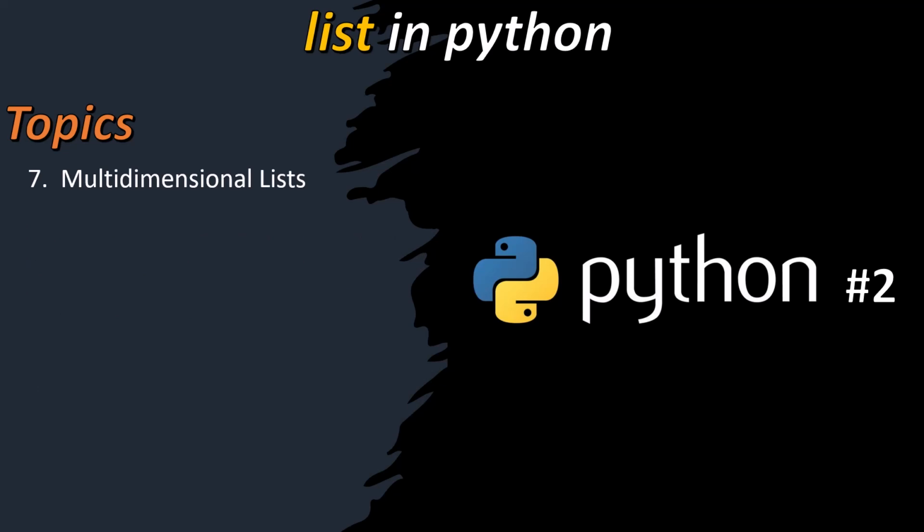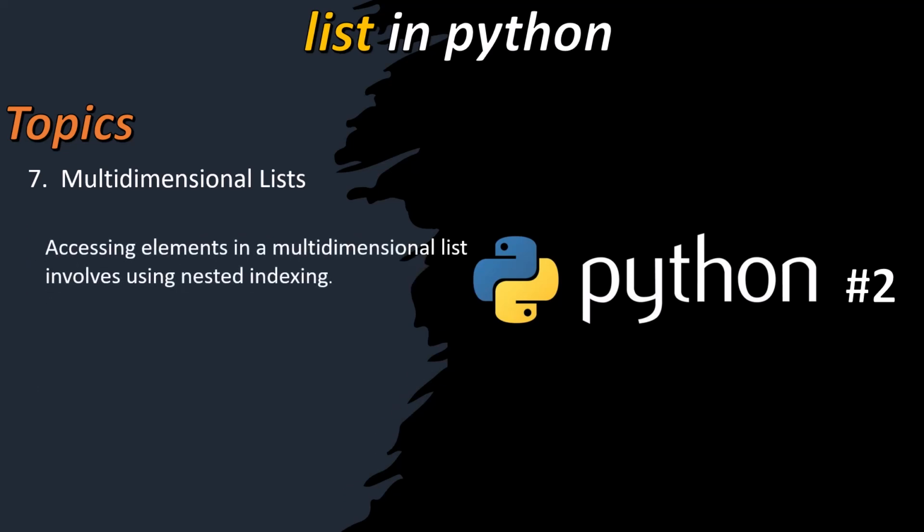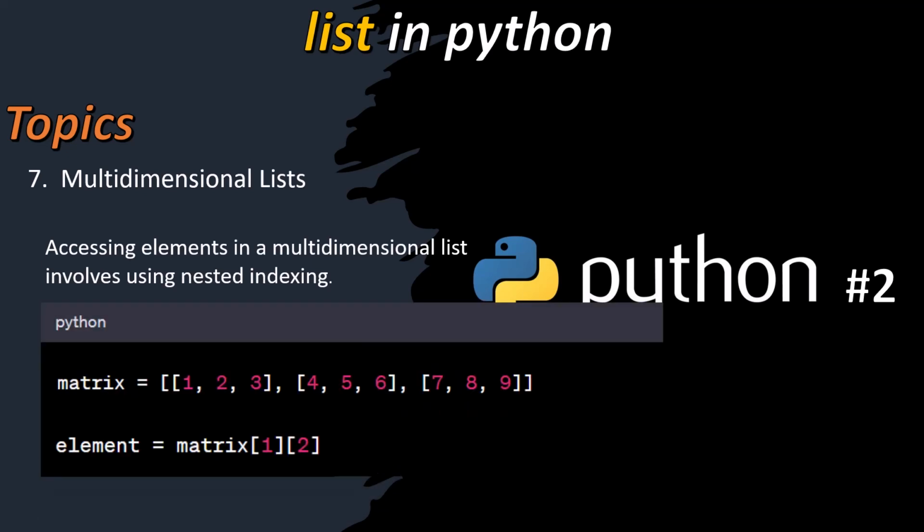How to access an element? Accessing an element in a multi-dimensional list involves using nested indexing. element equals matrix[1][2] retrieves the element in the second row and third column, the value 6.